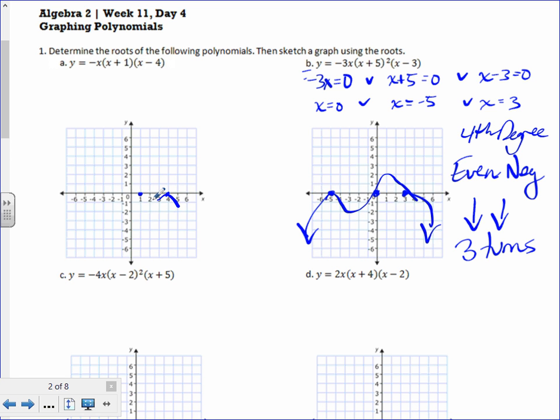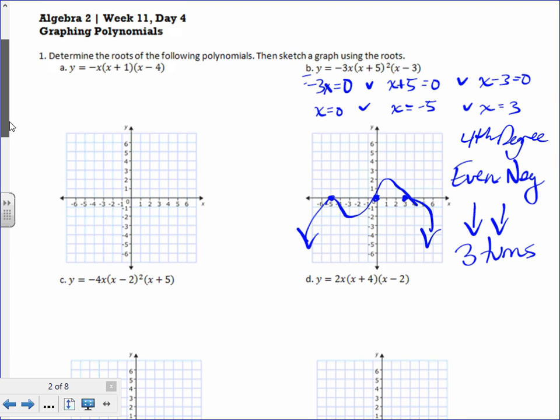I need to be able to tell it's coming off the x-axis. The further it comes off, the better. Make it completely obvious that it's bouncing off. Okay, questions on 1B.